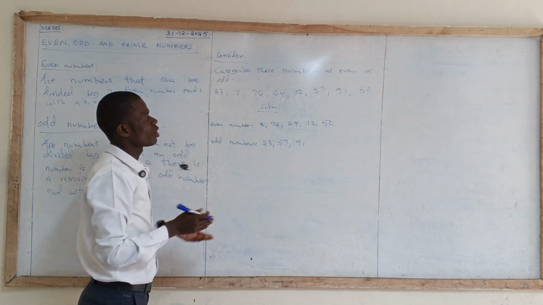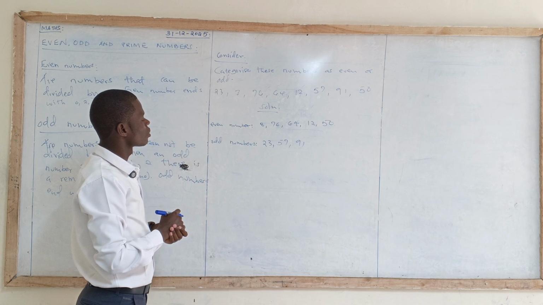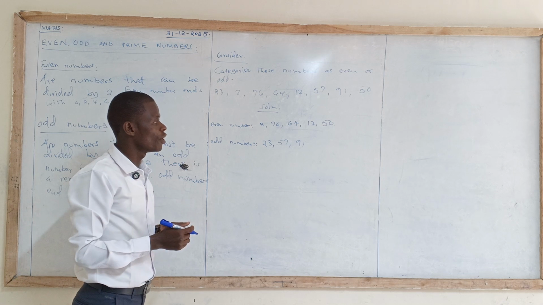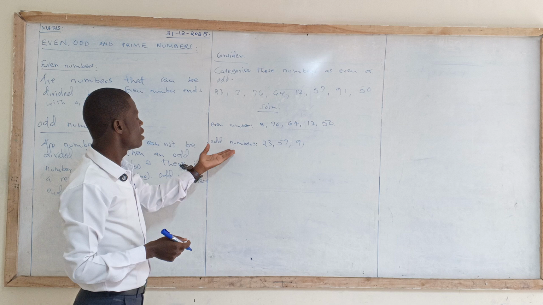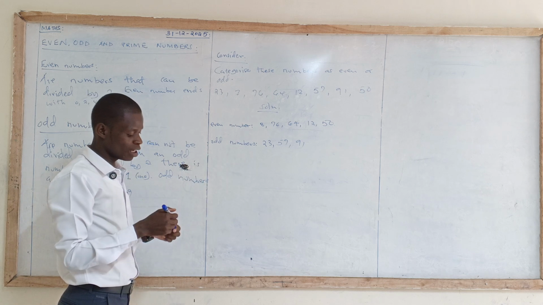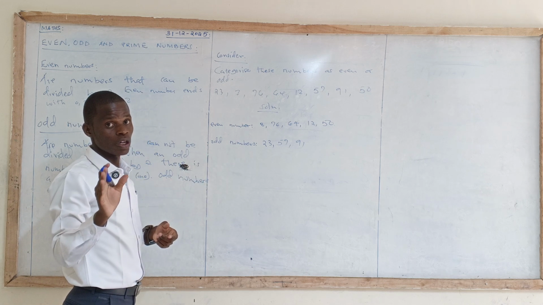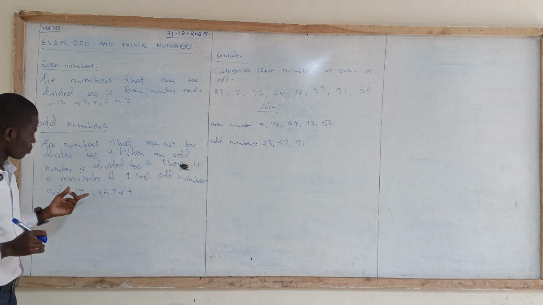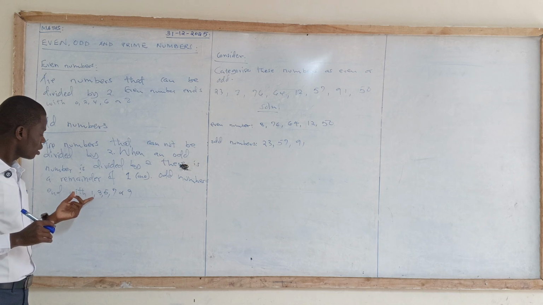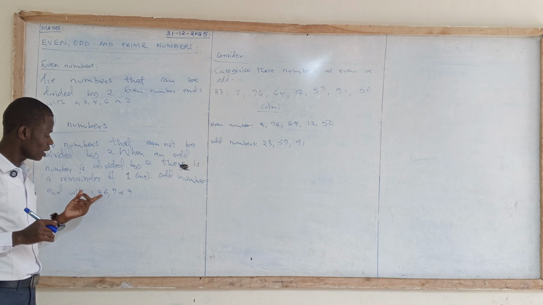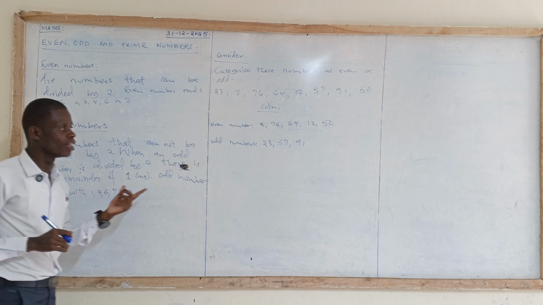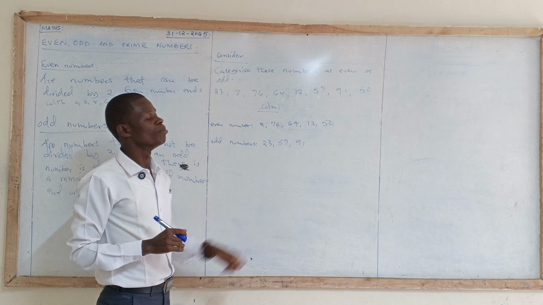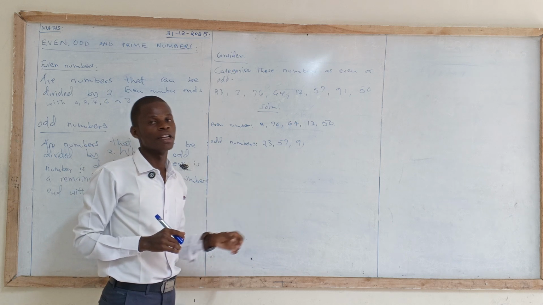So I've just categorized these numbers as even numbers or odd numbers, and they're very clear. Odd numbers, we say that they are numbers that cannot be divided by 2, but when divided by 2, there is always a remainder of 1. So check this: they end in 1, 3, 5, 7, or 9. Look at this one, it ends in 3, 7, 1, meaning that these are all odd numbers.